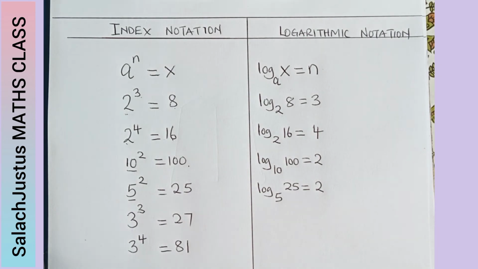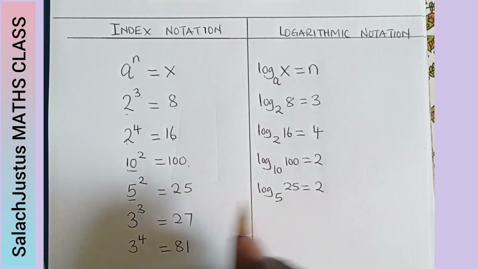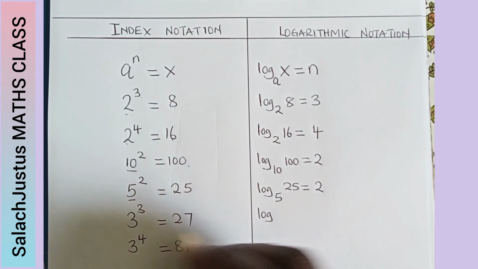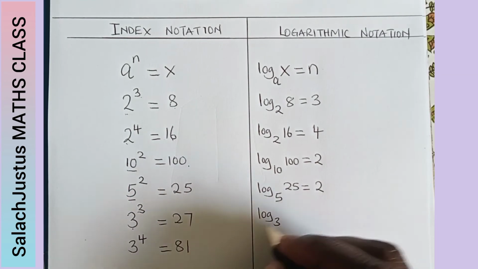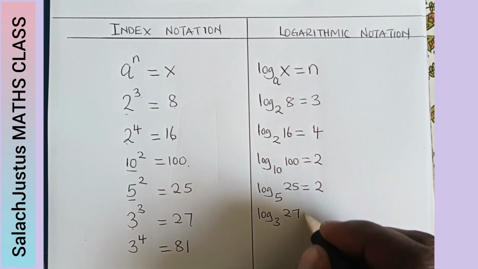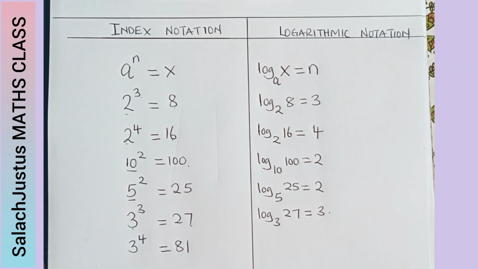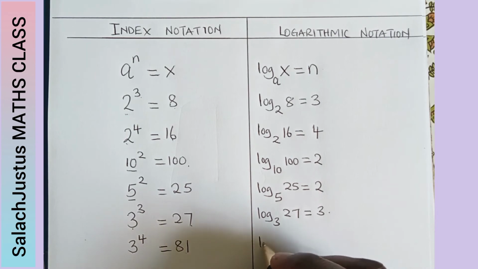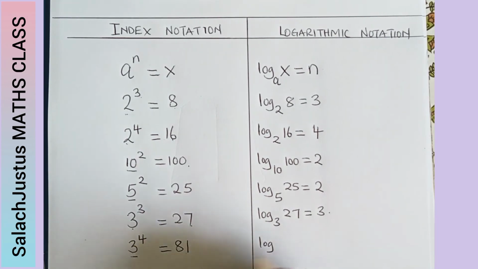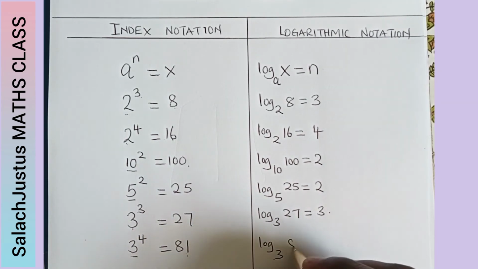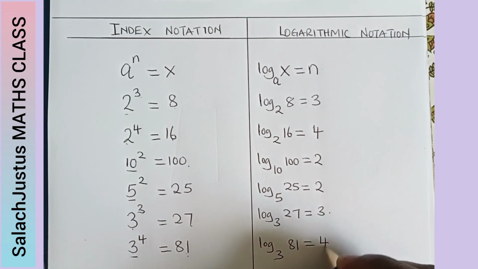Are we together up to that point? Yes. The second last example, logarithm to base 3 of the number 27 is equal to 3. And lastly, 3 raised to power 4 is 81. We start with logarithm to base 3 of 81 is equal to 4.